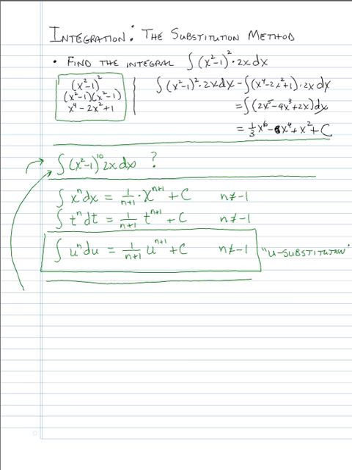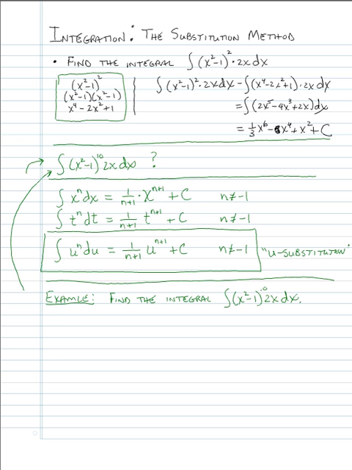So let's work on this problem. Let me write it down formally. Here's what we're going to do: we're going to find the integral of (x squared minus 1) raised to the power 10 times 2x with respect to x.